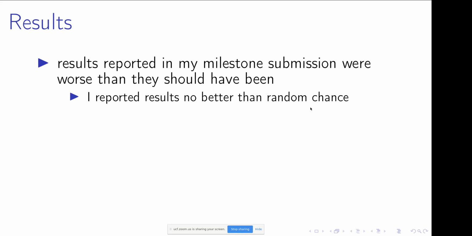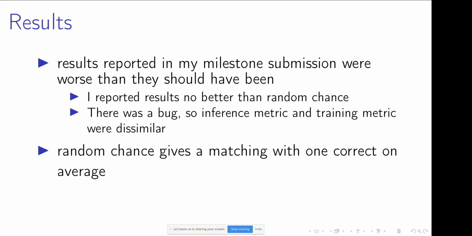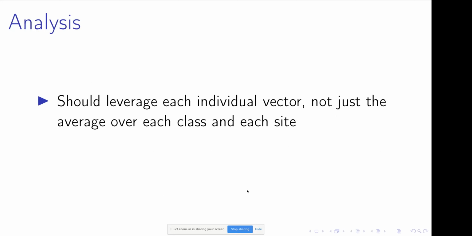At the time, I was getting no better than random chance, but I eventually found a bug. The metric that I was using for similarity at inference was different than training. For random chance, you would get a matching with 1 correct on average. And I was able to get consistently 3 correct out of 20 matching accuracy.